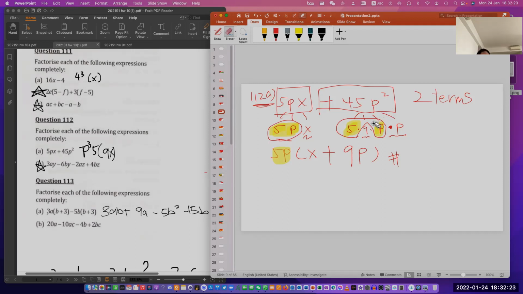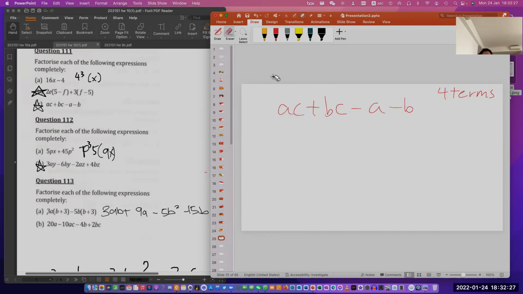So when you have 4 terms, what do you think? We have done 2 terms so far. Now I have 4 terms. You do it 2 terms and 2 terms. 4 terms can become 2 terms plus 2 terms, right?